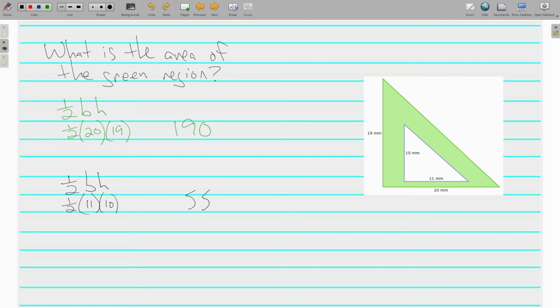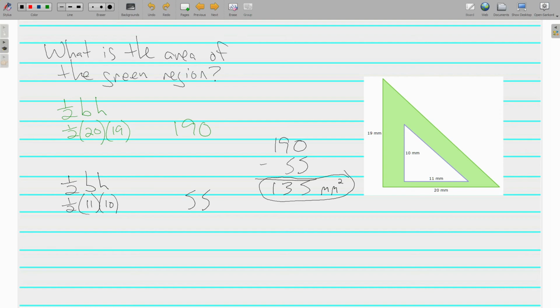And then when I subtract those, 190 minus 55, and of course calculator's fine. I'm going to borrow, so that's 135 square millimeters. That's going to be the area of the green region.